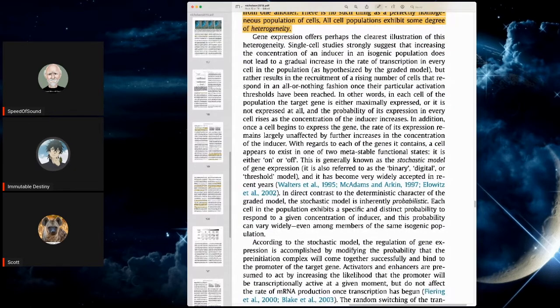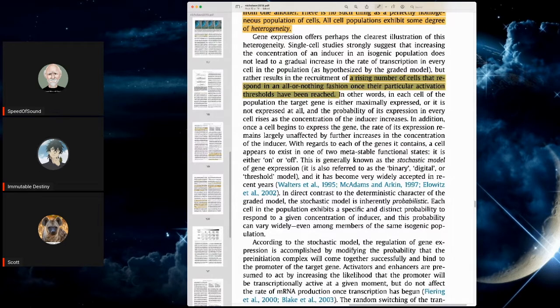Single cell studies strongly suggest that increasing the concentration of an inducer in an isogenic population does not lead to a gradual increase in the rate of transcription in every cell in the population, as hypothesized by the graded model, but rather results in the recruitment of a rising number of cells that respond in an all or nothing fashion once their particular activation thresholds have been reached.